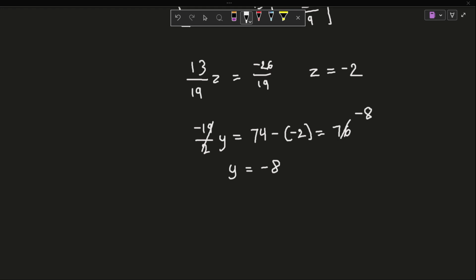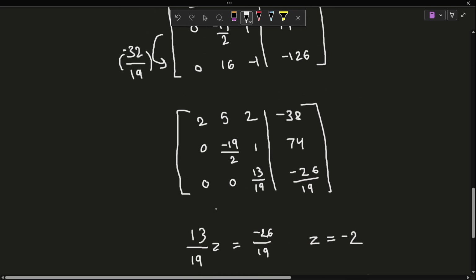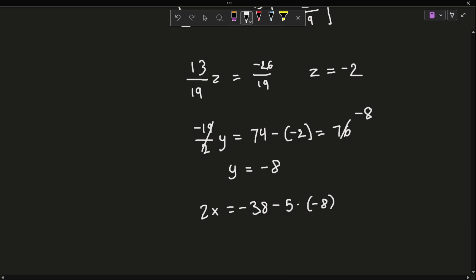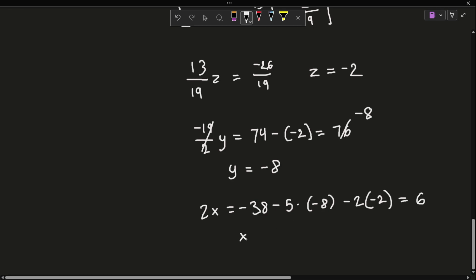And then we're going to plug all of that into our equation for x. So 2x equals minus 38 minus 5 times minus 8 minus 2 times minus 2, which is just going to give us 6, and x will equal 3 in that case.